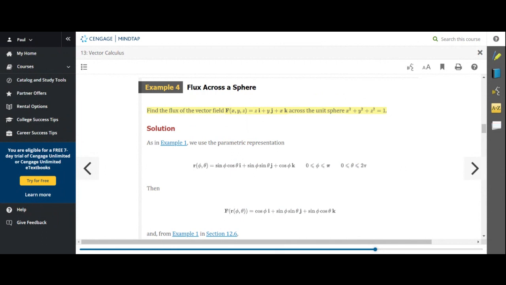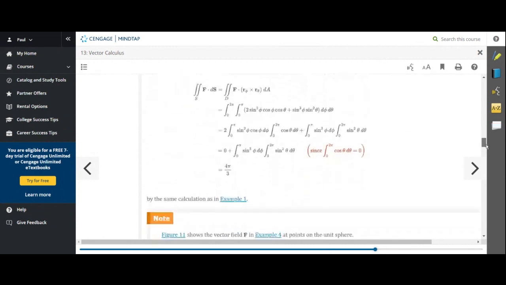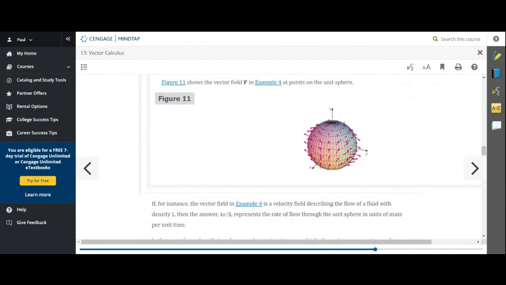We can see a picture of this field flowing through the surface. They've drawn a picture right here in figure 11. So there's the surface and the vector field.